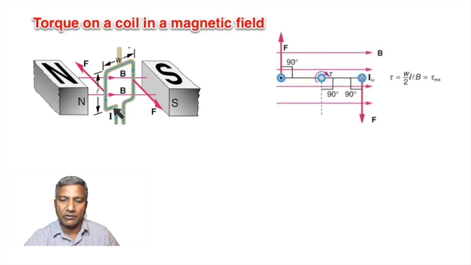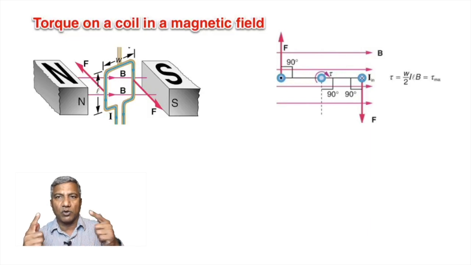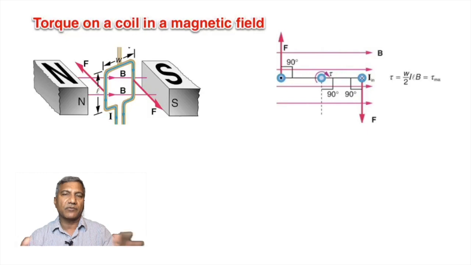I hope that's clear. The current enters, it flows up this side, and then it flows down on the other side. Because of the change in direction of the current, the forces that act on both the sides are equal but opposite. Now that's what you call a torque.